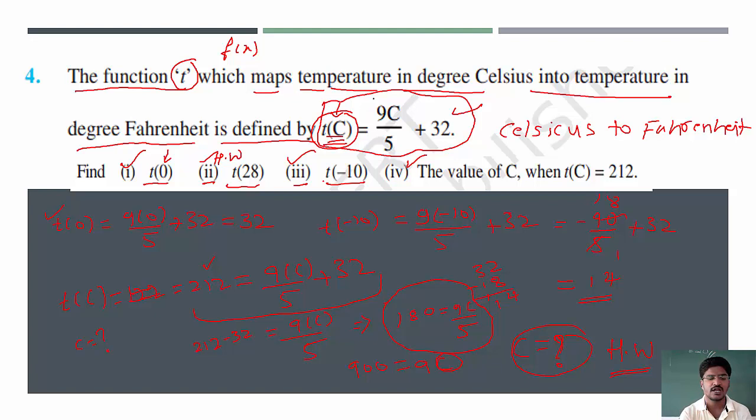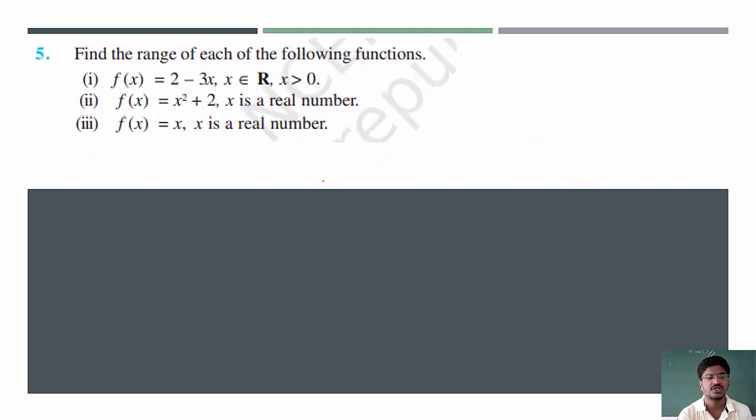Before that, you try to solve these homework problems so that we shall continue with the remaining problems in our exercise, that is question number 5 of finding range. This question number 5 I will continue in the next class. Clear?